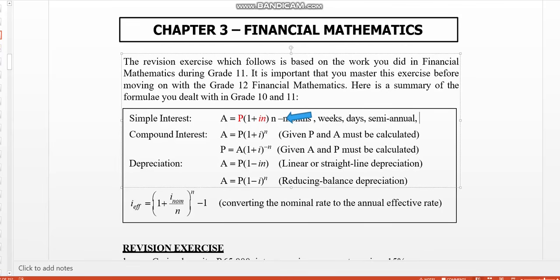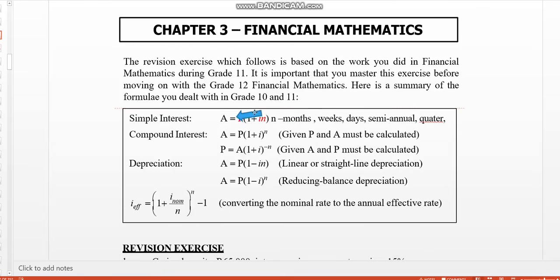It can be quarterly. So the duration, the n, can be in months, weeks, days, semi-annual or quarterly. All right. So that's your n.